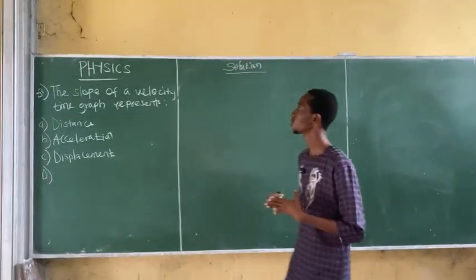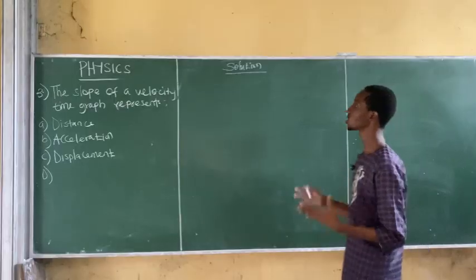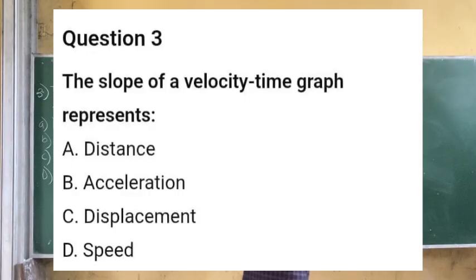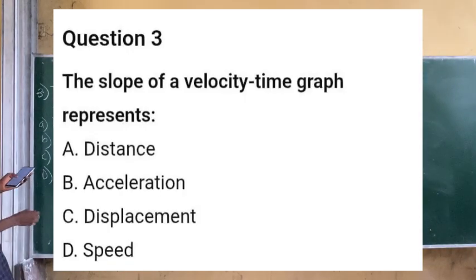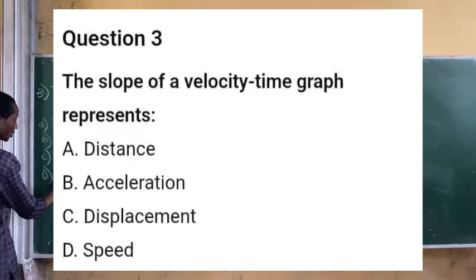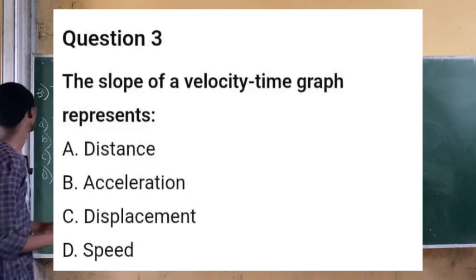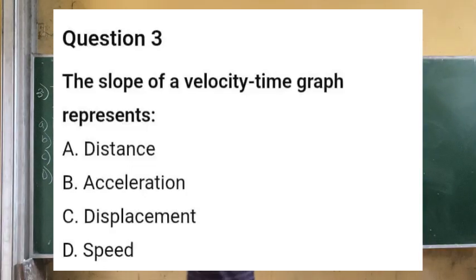Okay, question 3. The slope of a velocity time graph represents A, distance, B, acceleration, C, displacement, and D, speed.